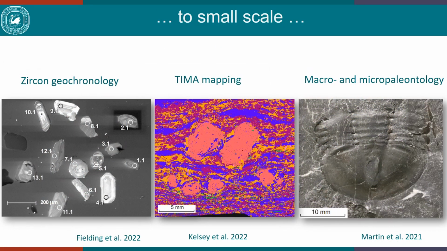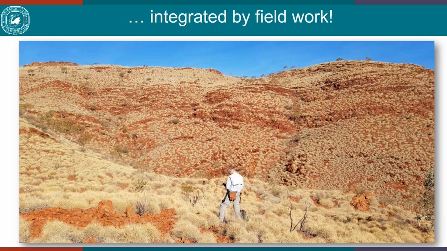Planning the large scale sometimes requires data acquisition at the small scale. For instance, in zircon geochronology, the mapping of metamorphic minerals using TEMA, or undertaking macro and micropaleontological studies. In the end, it is the field work that generates the spatial context for the observations and brings everything together.